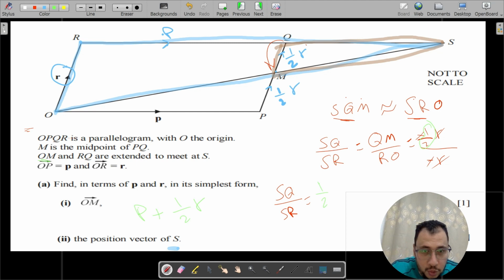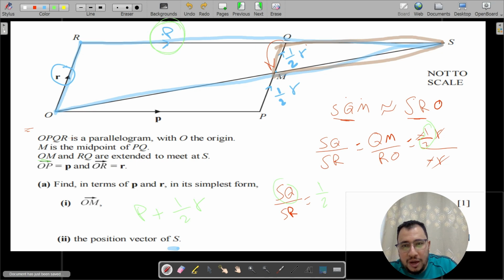Let's read it in other words: SQ is half of SR. SQ, which is this part, is half of SR, and when you translate that into math, that means this point Q is actually the midpoint of SR. Midpoint means what? This part is P, so that means the other part here is another P.